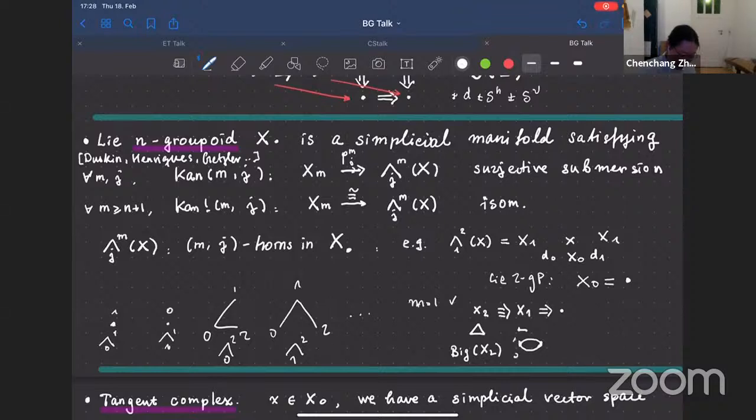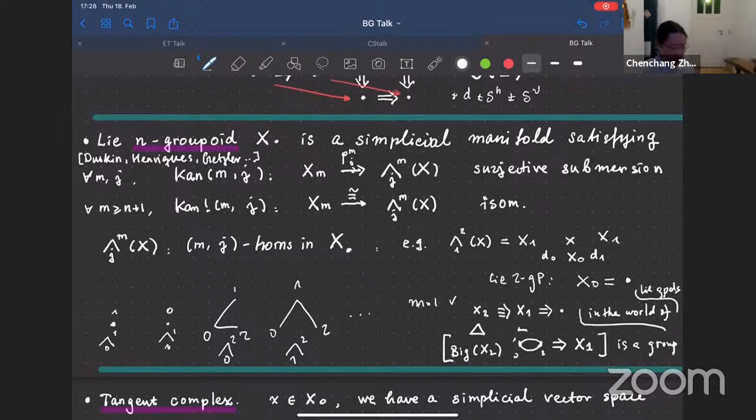I make this side very short, so then it becomes a groupoid over x1, and this whole groupoid carries a group structure, a group in the world of Lie groupoids.